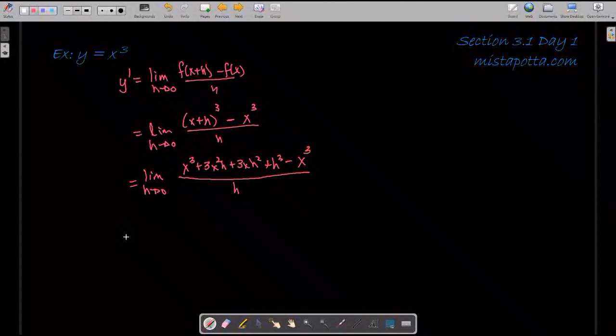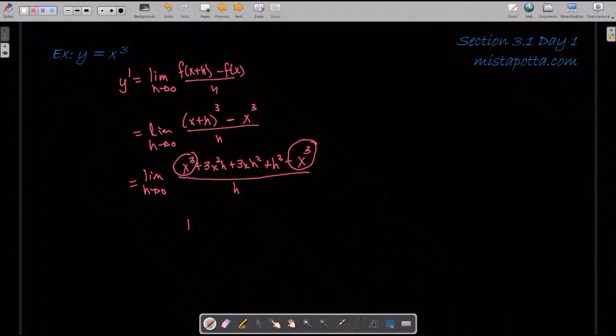And just as before, I noticed that my original function always seems to make a 0 pair with some terms in this expanded function. And the remaining terms of this polynomial have a common factor of h.